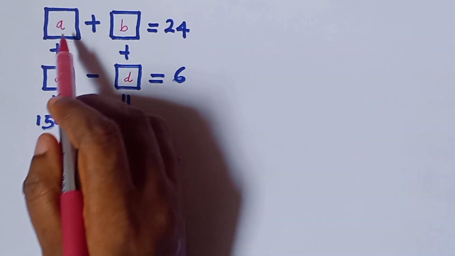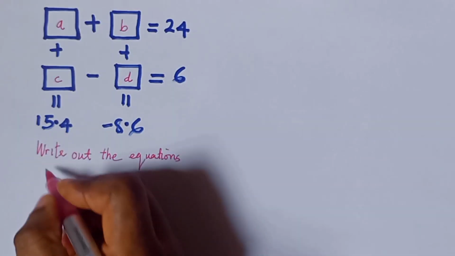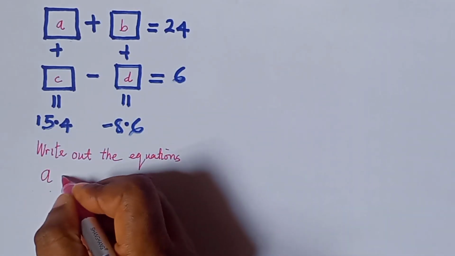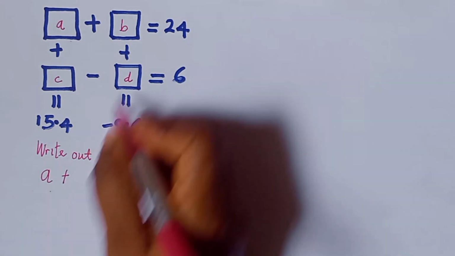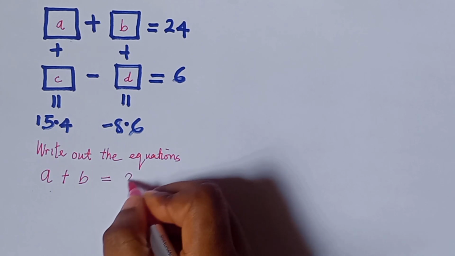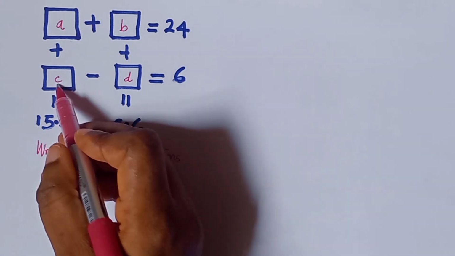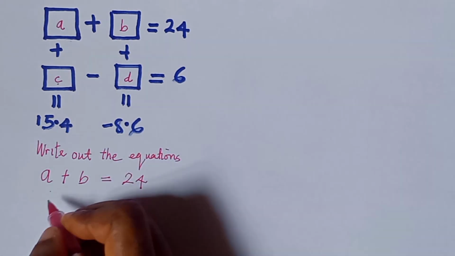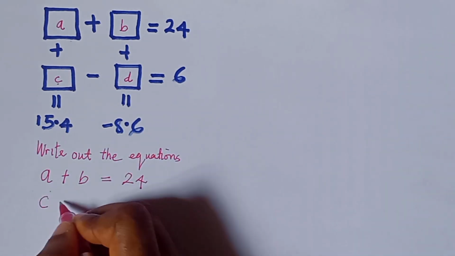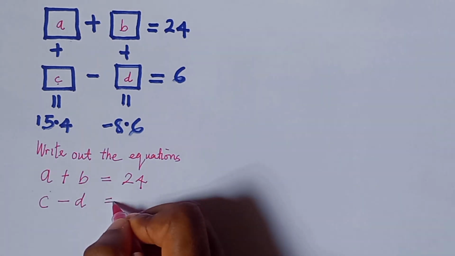Okay, in writing out the equations, we have this plus this equals to this. So our A plus our B equals 24. This minus this, C minus D equals 6.